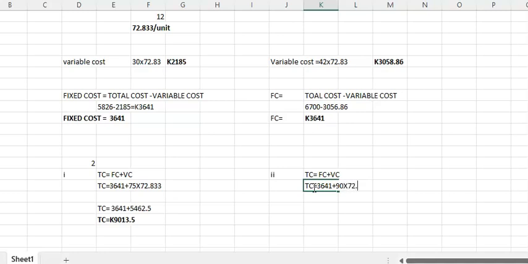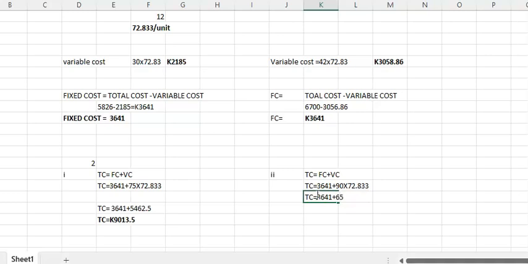We know now how to get a variable cost. So our total cost will be fixed cost 3641 plus 90, 3 zeros up, multiplied by 72.83.